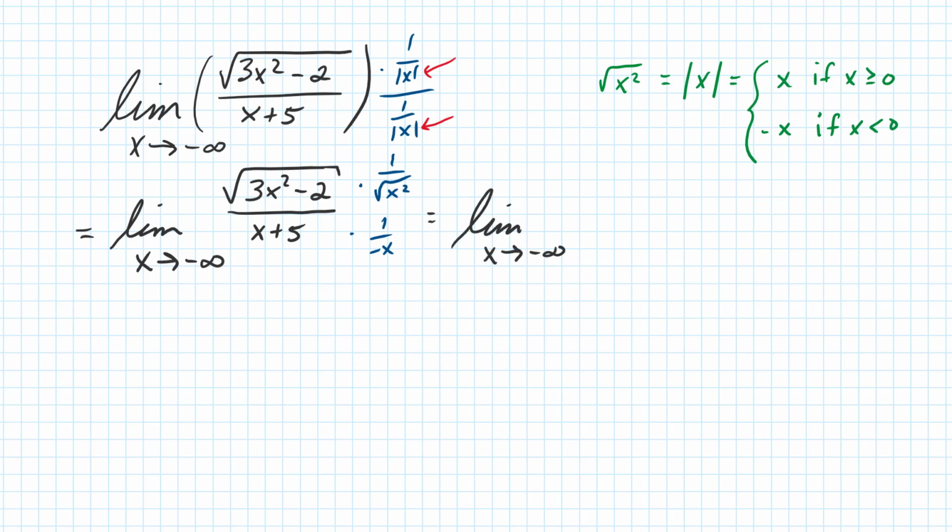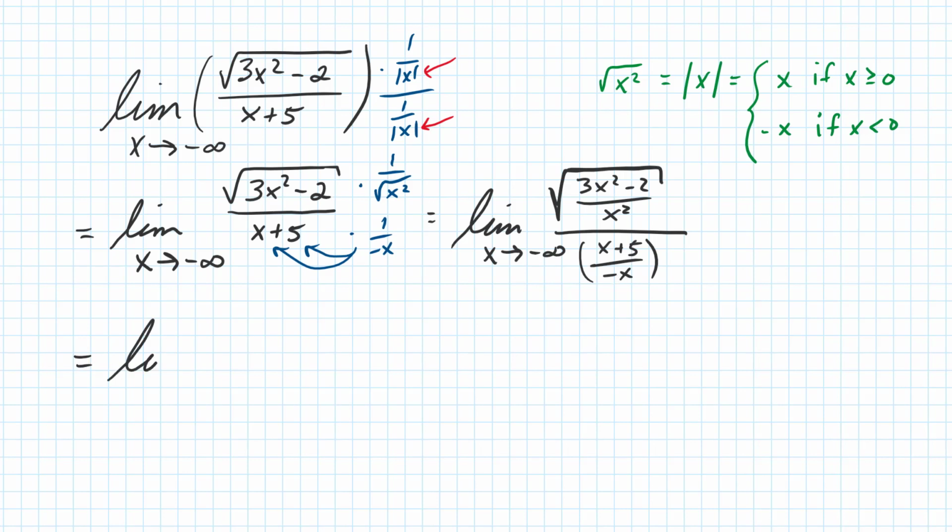X tends to negative infinity. Here, the square root can pass inside there, and so we'll actually have 3x squared minus 2 over x squared, where of course all that's underneath the radical. And then on the bottom here, instead of distributing it, I'm just going to write it as x plus 5 over negative x. And I'll take that distributed step as the next step.